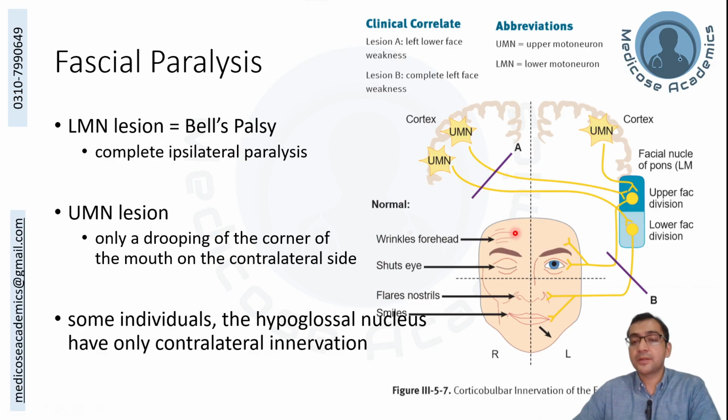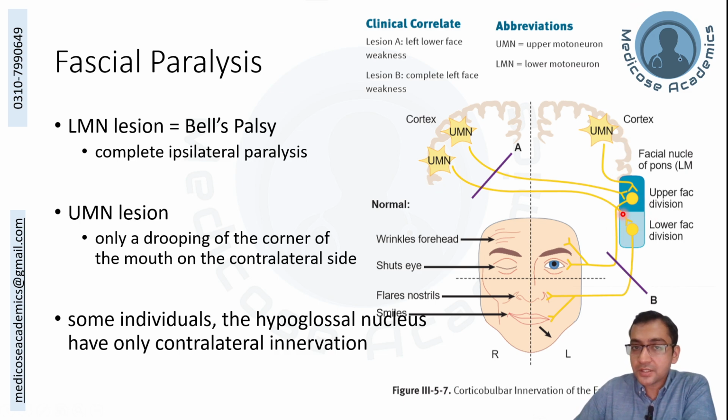If that muscle is paralyzed, you will see absence of wrinkling, failure of closing of the eye leading to dryness, absence of the nasolabial fold, inability to flare the nose, and inability to close the mouth. If a person drinks fluid, he or she will leak from the affected side. So that is the lower motor neuron.